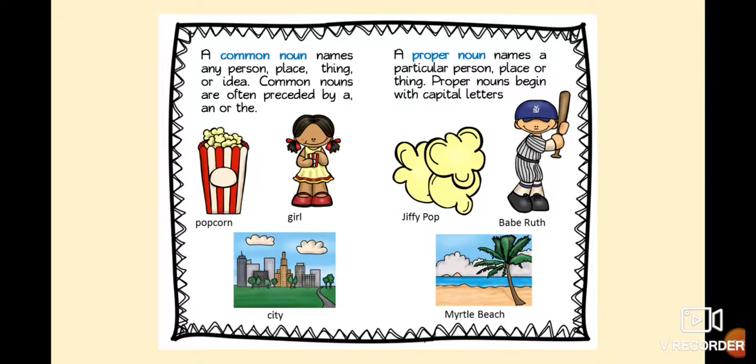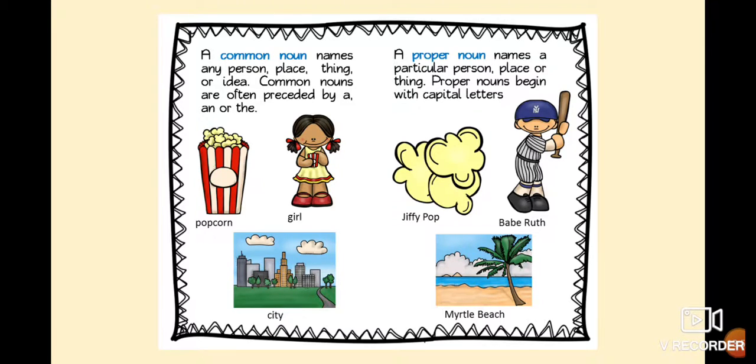City: the city is noisy, so you use the article the. The common noun names any person, any place, anything, or idea, and this one is often preceded by a, an, or the.